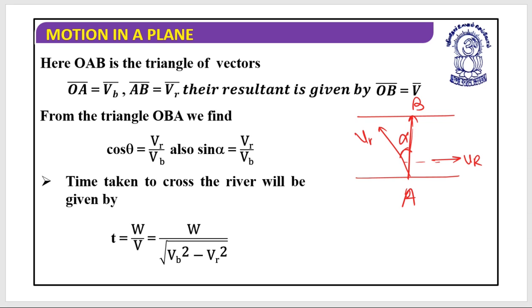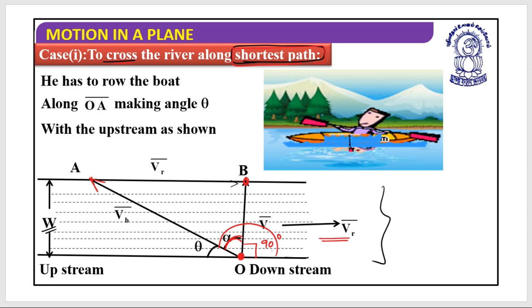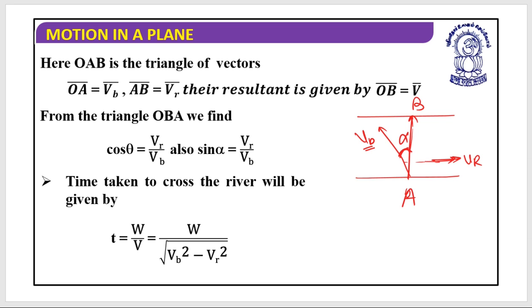Yes, this is the velocity of the boat, and this direction is Vr. Here the question is how could I find this angle? If I observe this triangle very carefully, it's a triangle O, B and A. Let me rename this. This is O, B and A. So if I redraw this, it's cos alpha, or here the theta has been made.